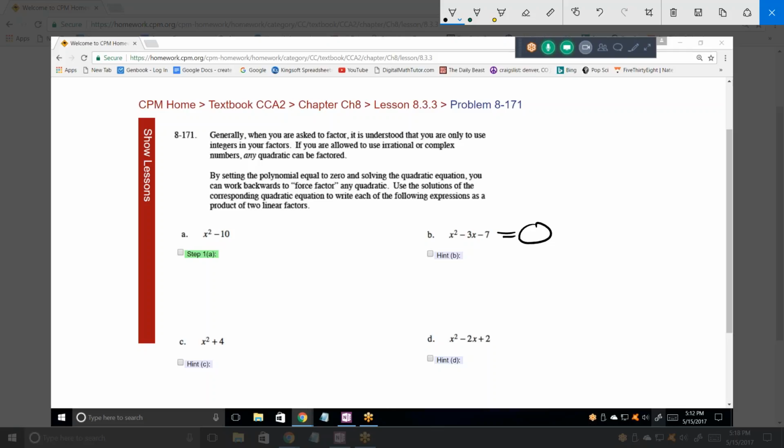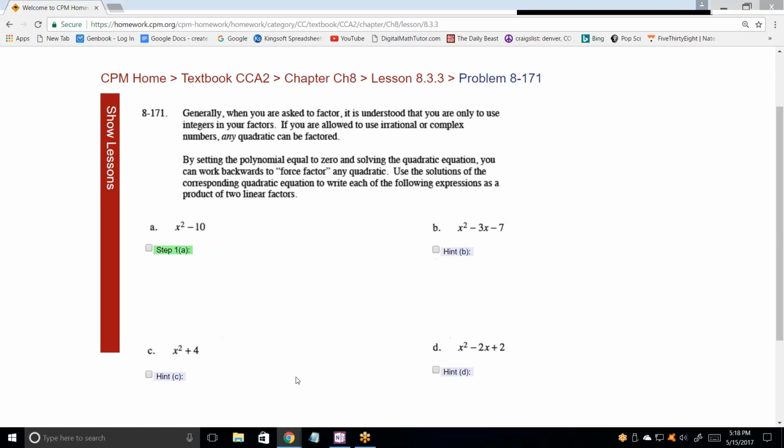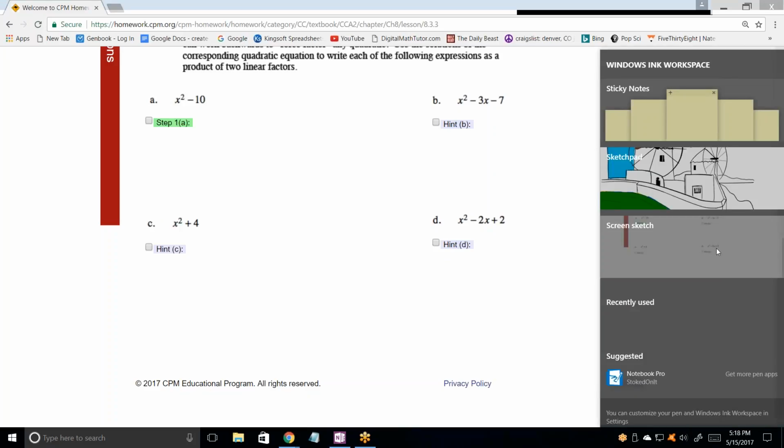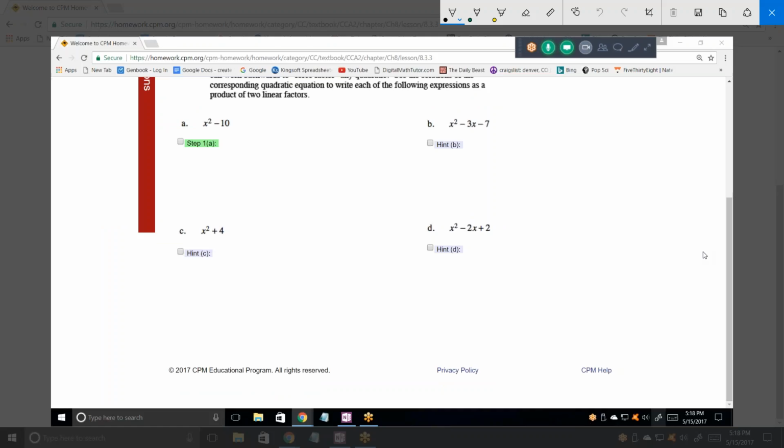So number C, let's do that. Let me scroll down a little bit, give myself some writing room. So let that equal 0, and now solve for x. No, this is x squared equals the negative. This is the sum of squares. That does not factor.